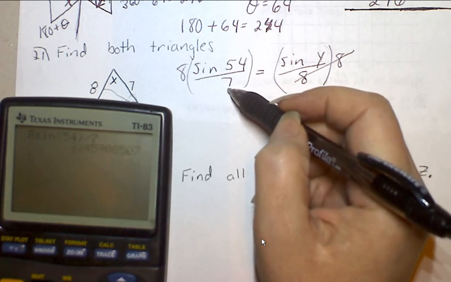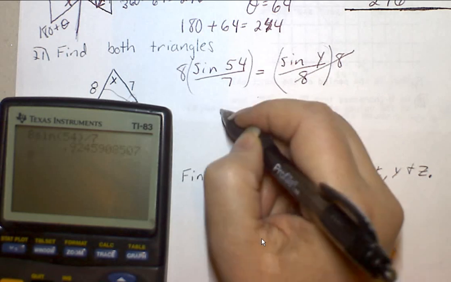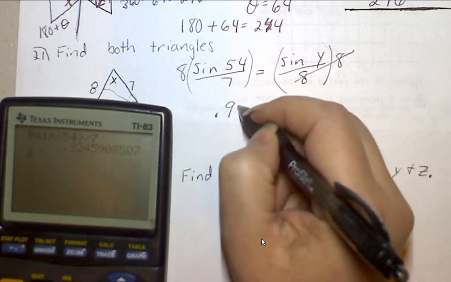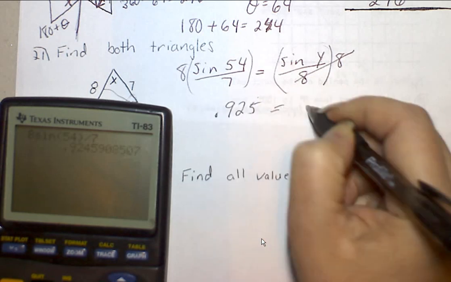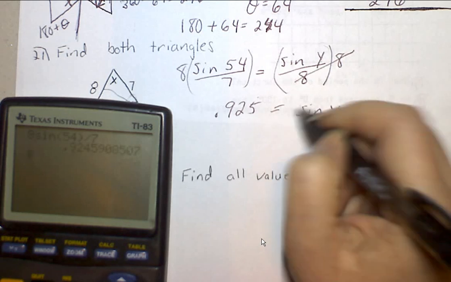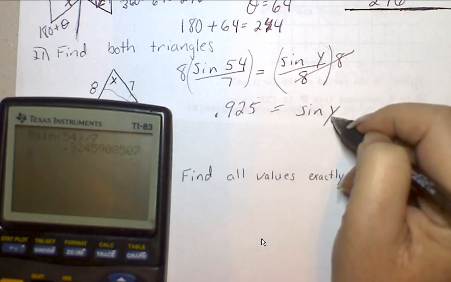So I have 0.925 is equal to sine of y. To get y, I have to take the sine inverse.